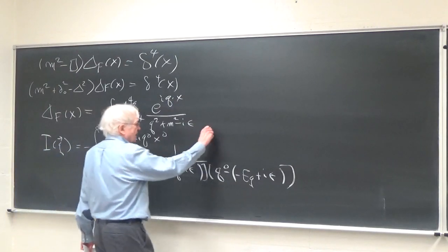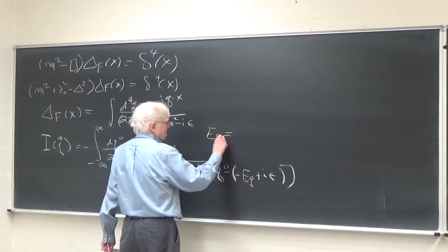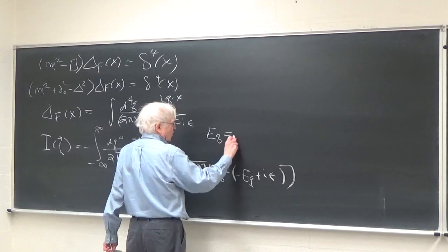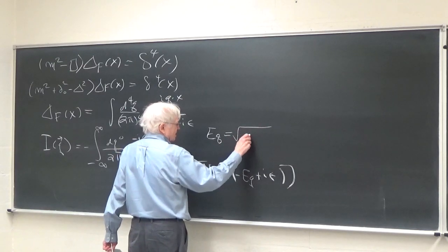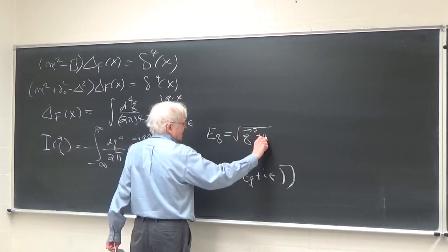EQ is what we normally call q0, namely the square root of q vector squared plus m squared.